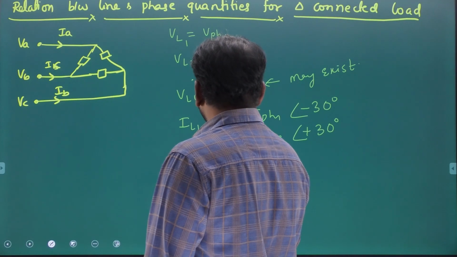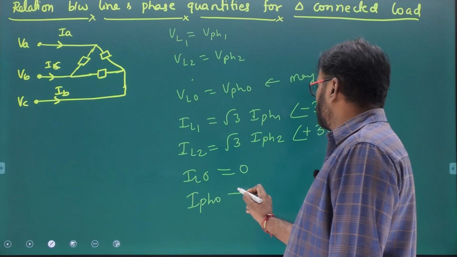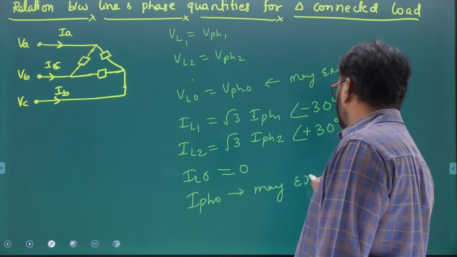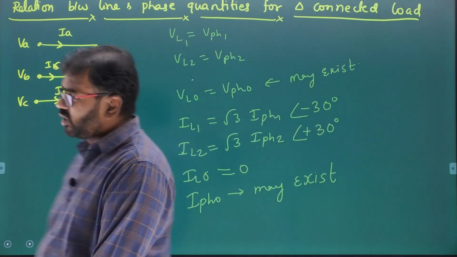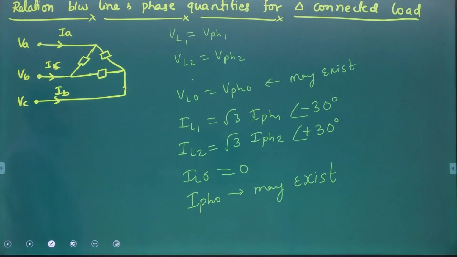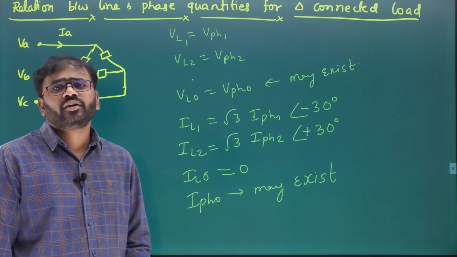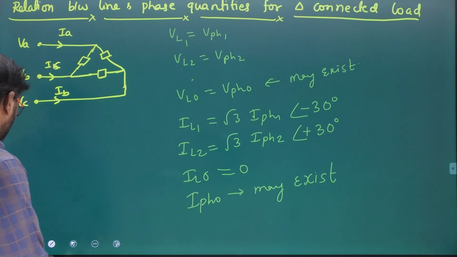It is always 0, but I phase naught may exist. I phase naught may exist, but IL naught is always 0 for delta connected load.